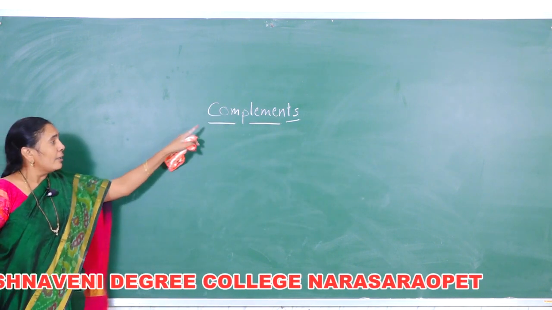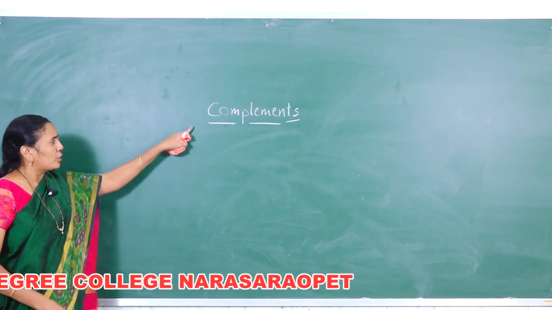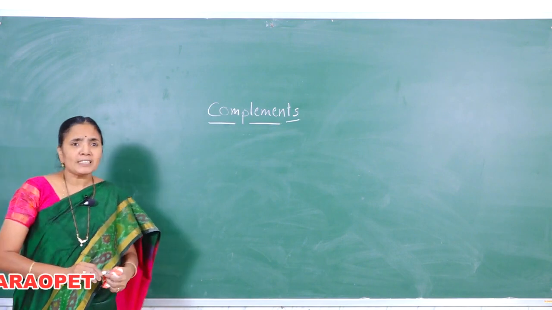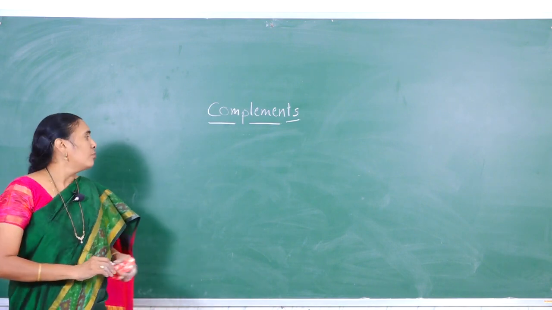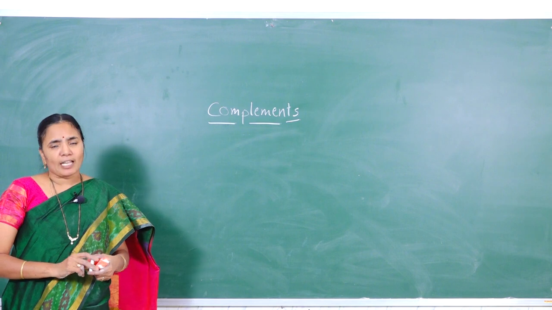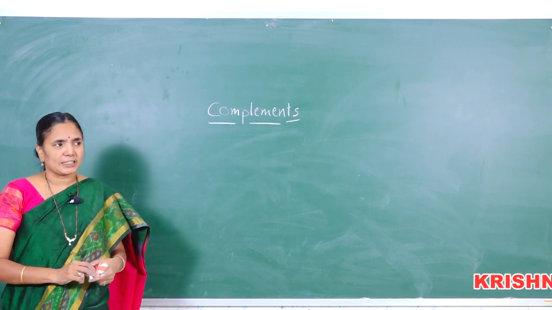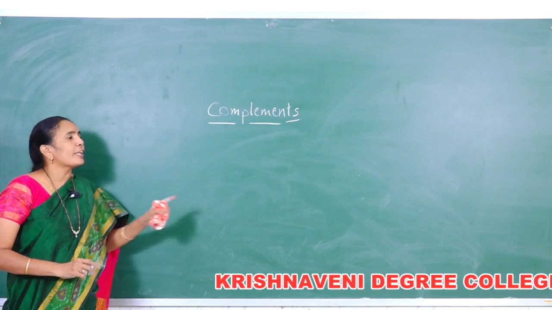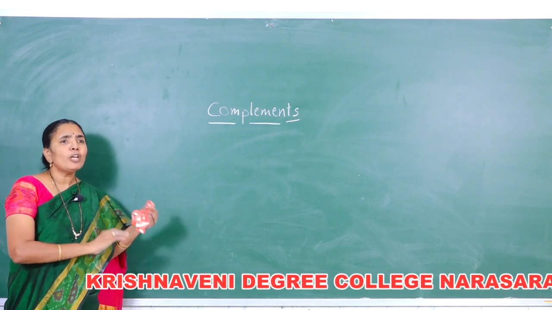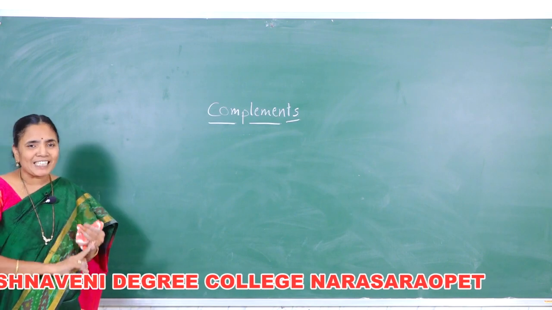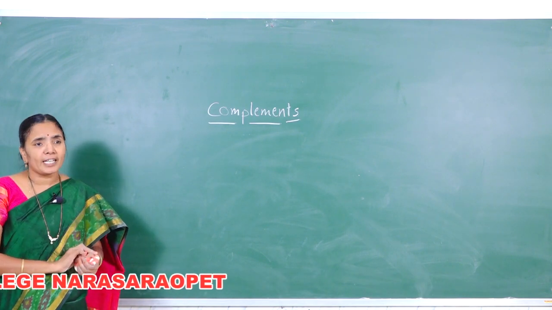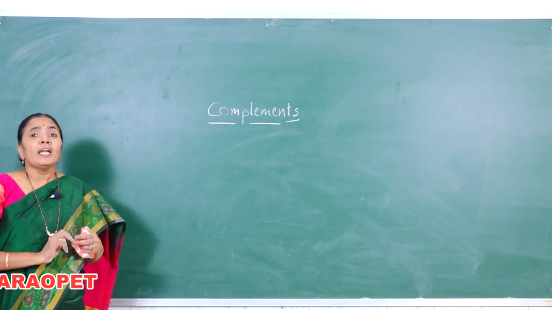Here you may have a doubt: I am trying to discuss the topic complements, and I have discussed binary arithmetic operations. What is the need for discussing them? If in a computer you have to perform the operations, you require a separate circuit which does the addition, the subtraction, the multiplication and the division.